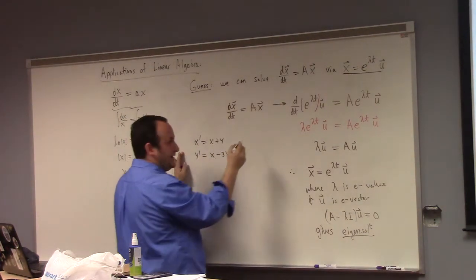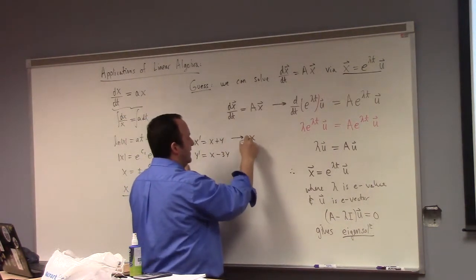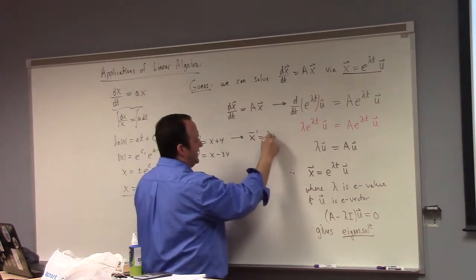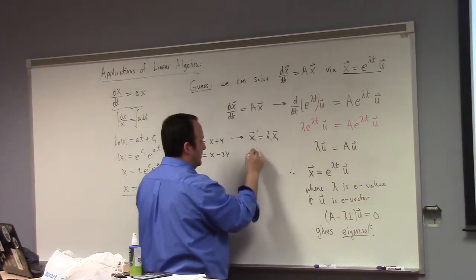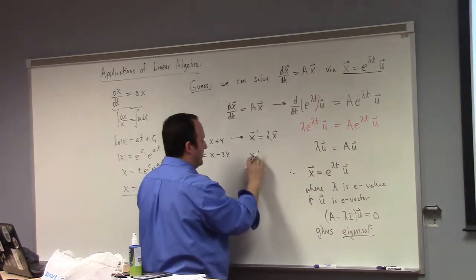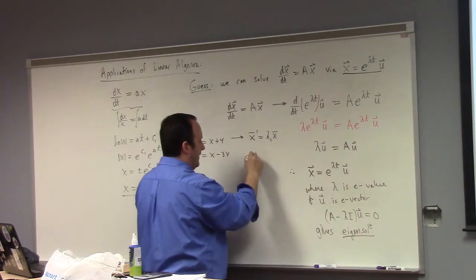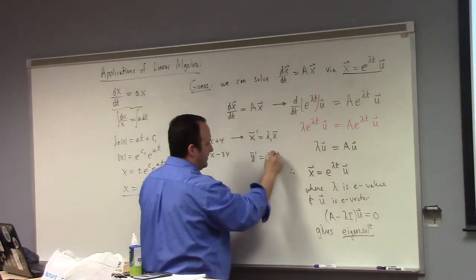In the eigencoordinates, it looks more like x bar prime is lambda 1 x bar, and let me just say x bar and y bar, and y bar prime is equal to lambda 2 y bar.